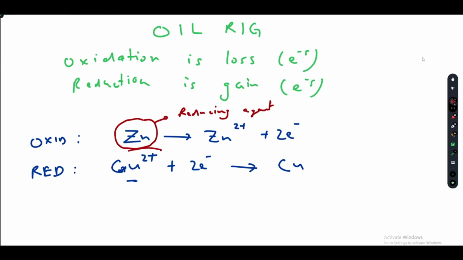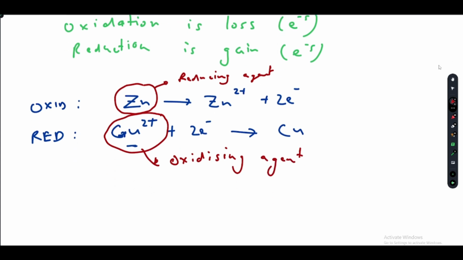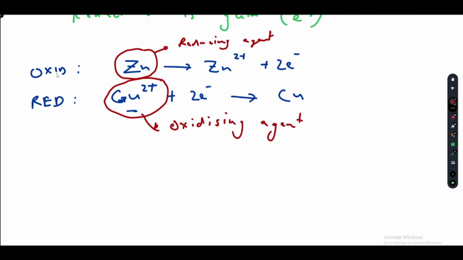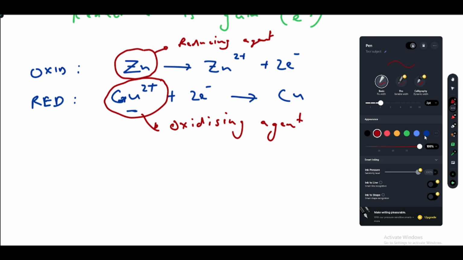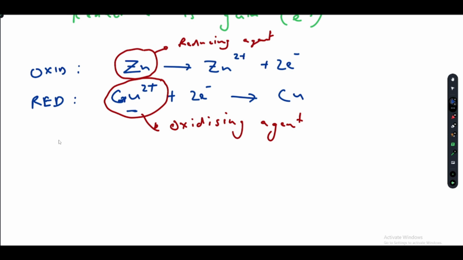And the reactant, the substance that is gaining the electrons, is known as the oxidizing agent. So almost a little bit of opposites at play here. In the oxidation half reaction, we identify the reducing agent. In the reduction half reaction, we identify the oxidizing agent.